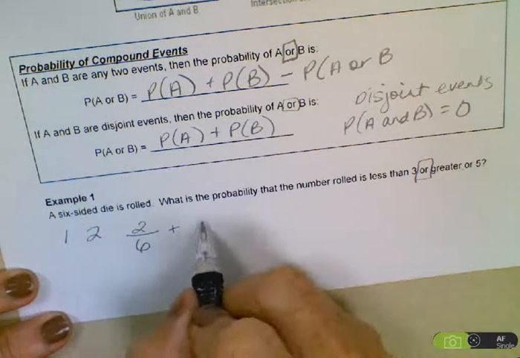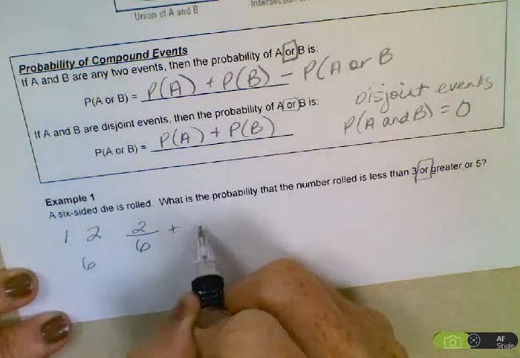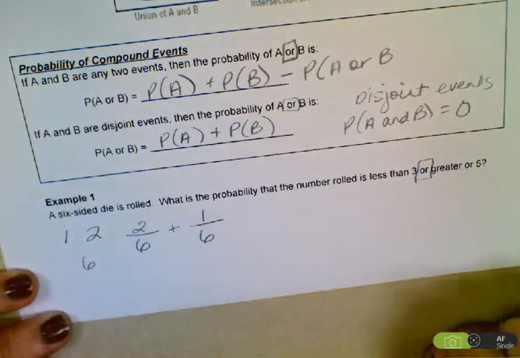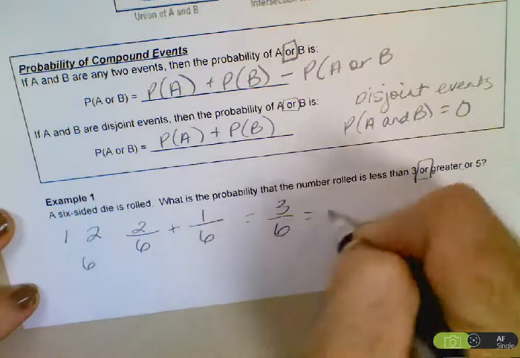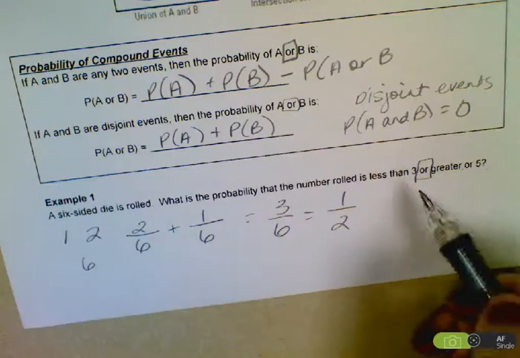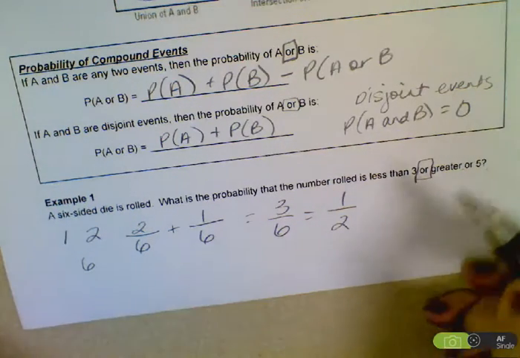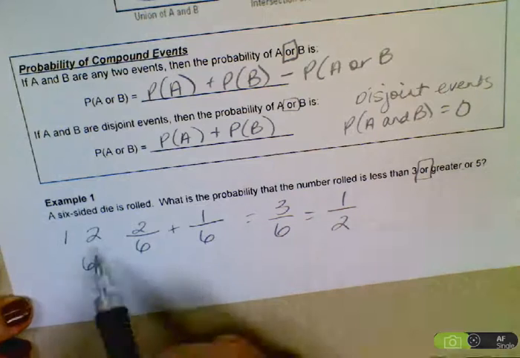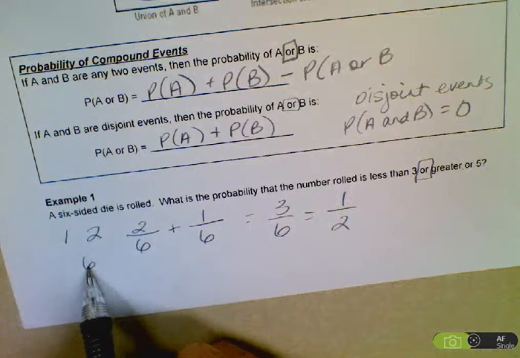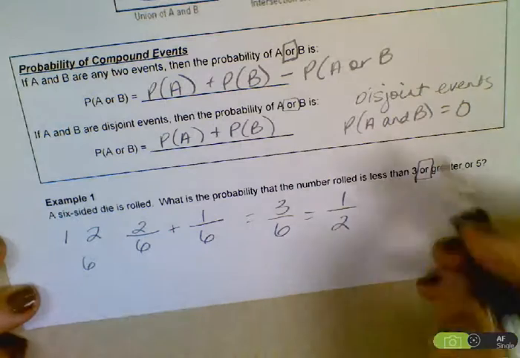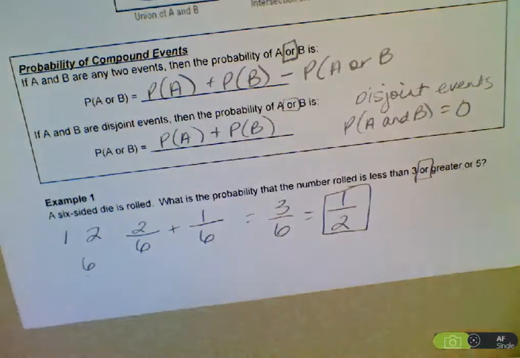The only option larger than 5 is the number 6, so there's only one option there. So 3 out of those 6 times, or half the time, you would roll less than a 3 or greater than a 5. There are 3 numbers that would be a successful roll, and there's 6 total. 3 out of 6 is 1/2.